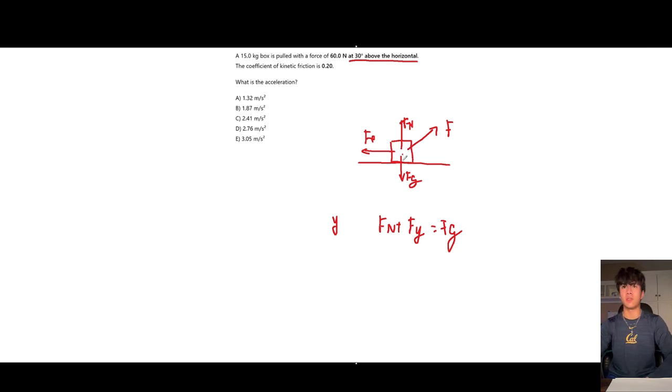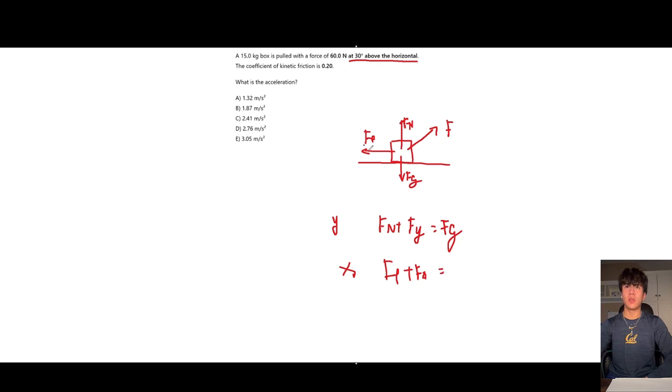So the net force equals 0, and the downward forces should equal the upward forces. So the normal force plus the y component of the applied force equals the gravitational force. And on the horizontal line, we see our friction force and the x component of our force.